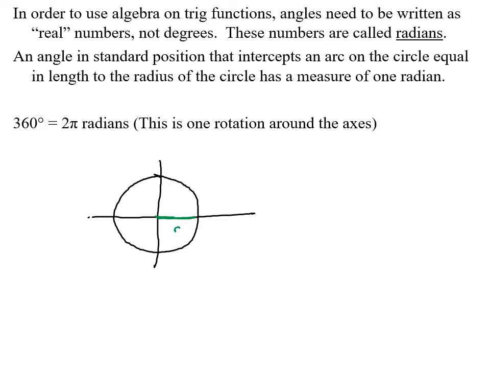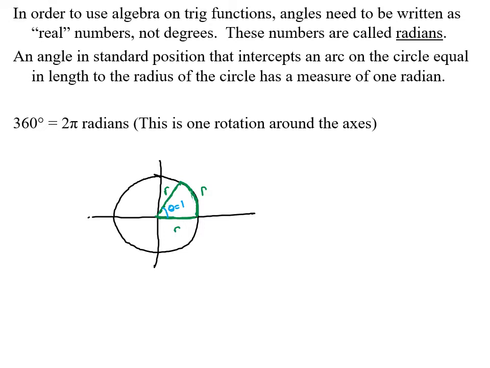And so if you had a radius going out this direction, 1 radian is where the angle intercepts the arc equal to the length of the radius. This length of this arc right here is also 1 radius long. And so if that's true, then the angle that's in here, this theta, is 1 radian.